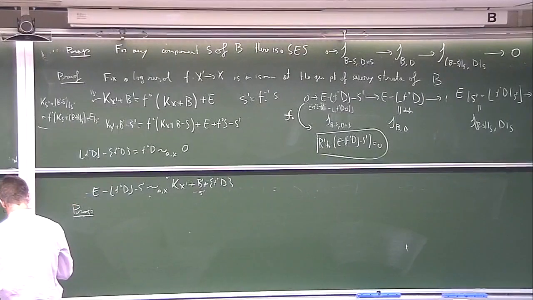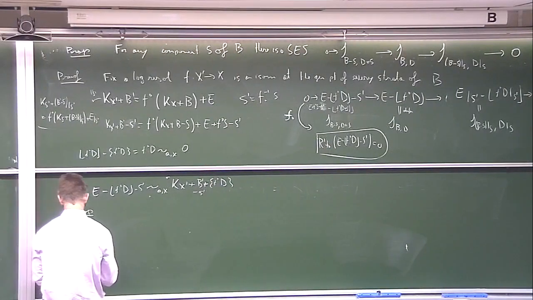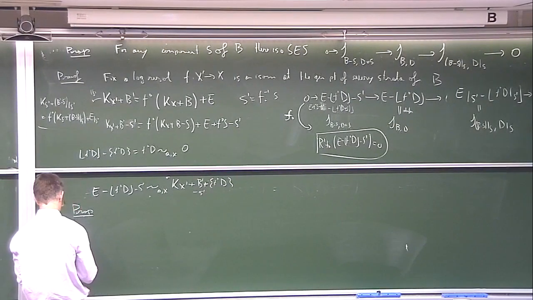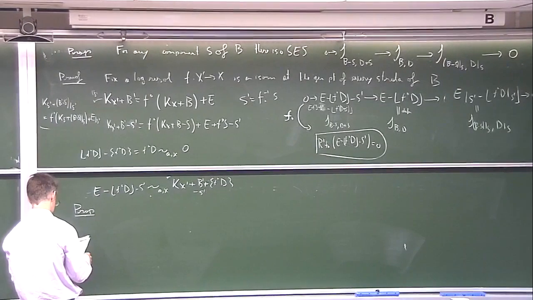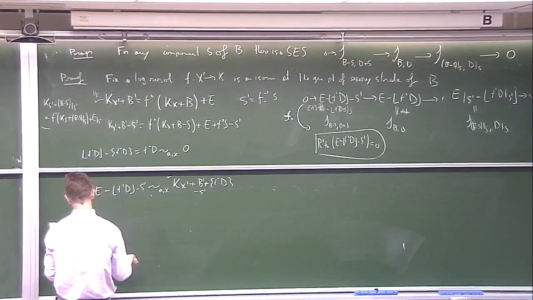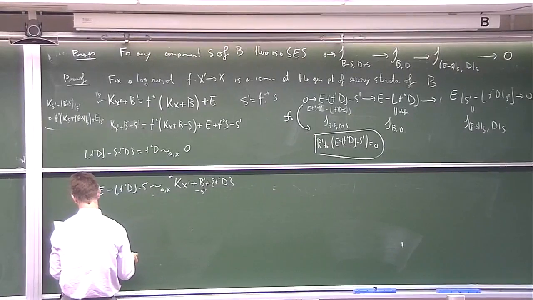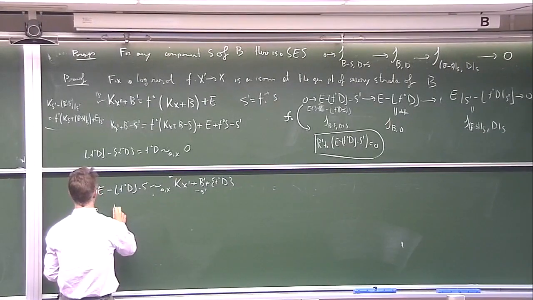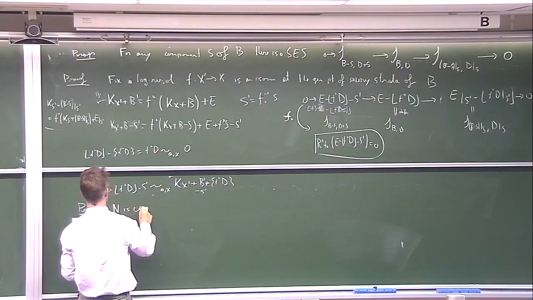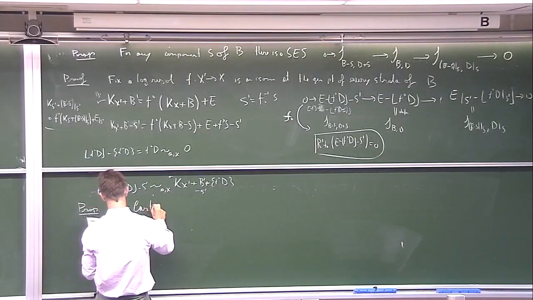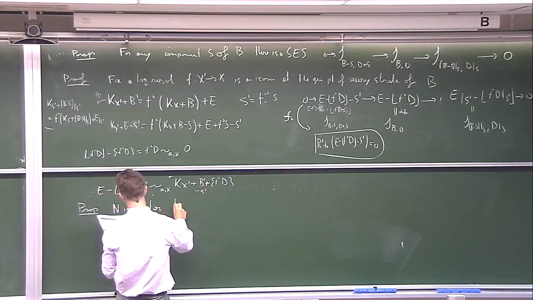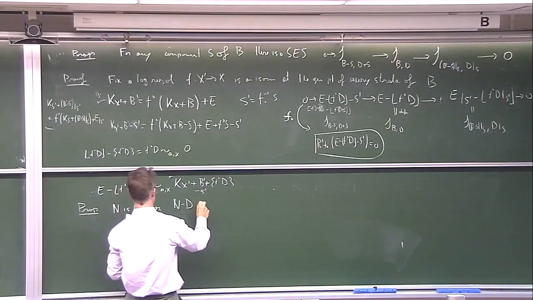So the next one is a proposition with the same notation as above. Let me not write it in the relative version. I'll write it in the absolute version. Suppose that N is Cartier and N minus D is ample.